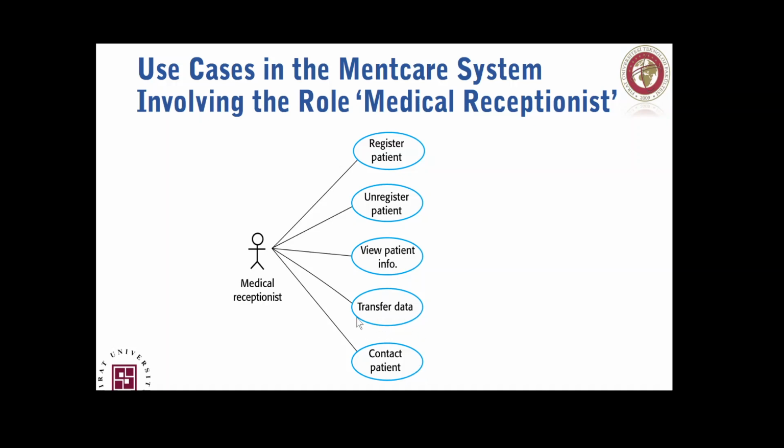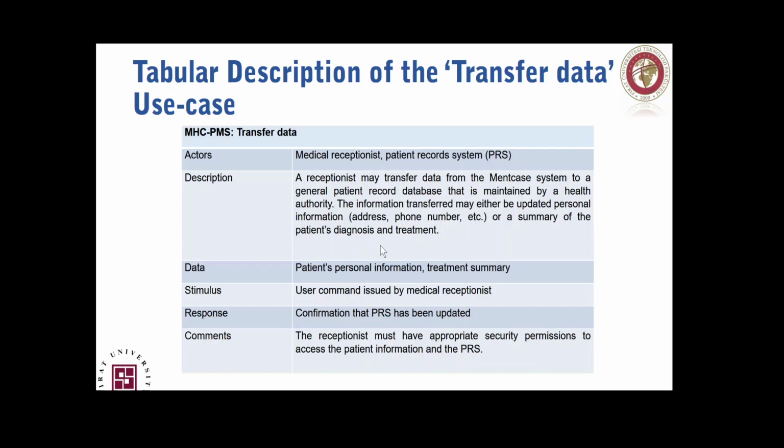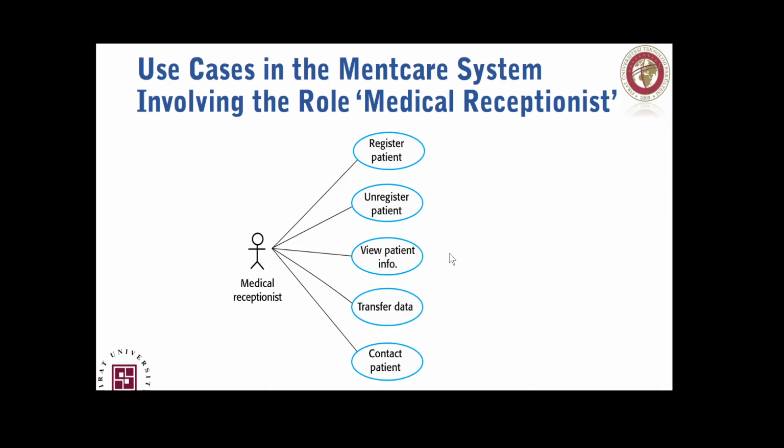So there are a number of actions that may be taken by a medical receptionist, and for this case, we can have different use cases separately, or we may combine all of them. However, if the system is complicated, we cannot combine all the use cases for each and every actor. We may have individual cases like this and then address them in sequence diagrams to see their details.